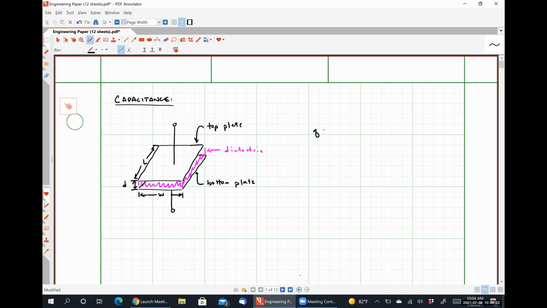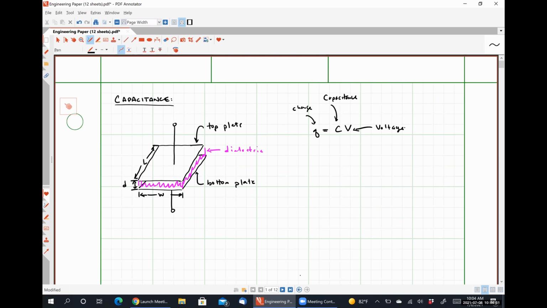The charge separation also results in a difference of electric potential or voltage across the plate, where the charge Q will be equal to the capacitance C times the voltage V. So let me be explicit here. Charge, capacitance, and voltage.